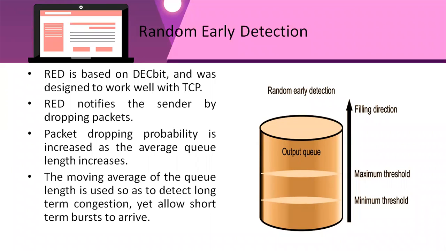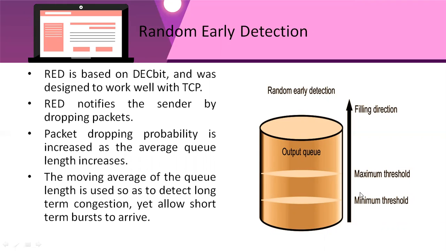If the queue occupancy lies under the minimum threshold, that is, the queue length is less than the minimum threshold, packet drop does not occur.